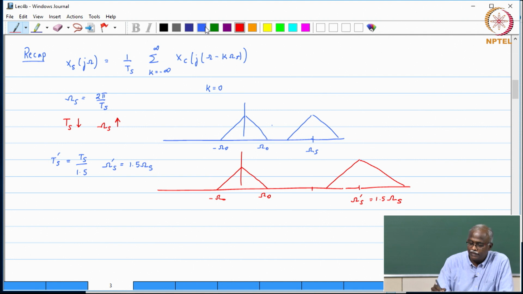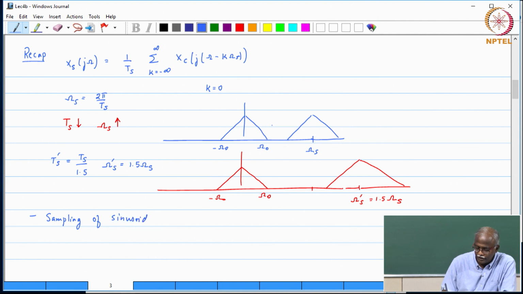Now, in the last lecture we did some discussion on the sampling of sinusoids. We looked at a case where there was no aliasing and we did a reconstruction. We looked at the case where there was aliasing and also looked at the reconstruction.